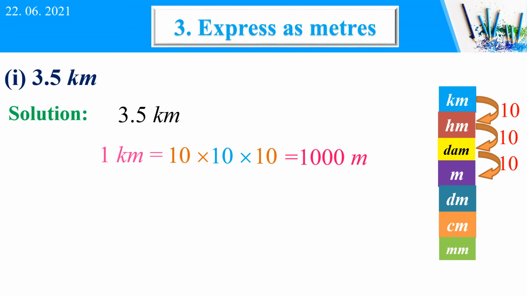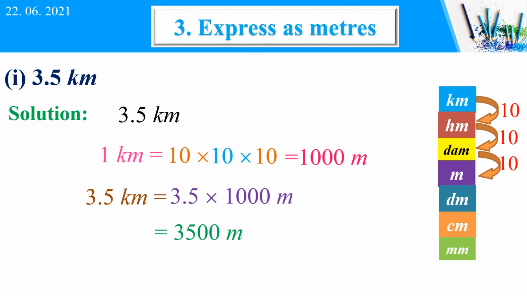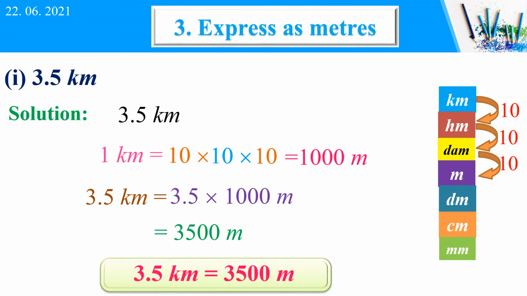So we have to multiply by 1000 to convert 1 kilometer to meter. Likewise, 3.5 kilometer is equal to 3.5 into 1000 meter. On multiplying 3.5 and 1000, we get 3500 meter. Therefore, 3.5 kilometer is equal to 3500 meter.